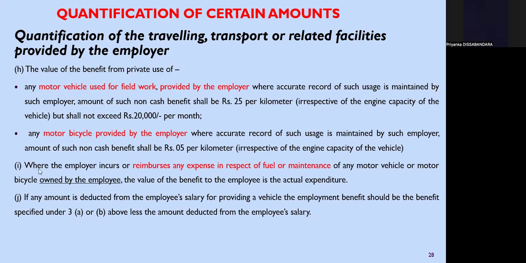And the next condition is condition I. The next condition is where the employer incurs or reimburses an expense in respect of fuel or maintenance. That means after incurring the expenditure, the employee can submit invoices to the employer for reimbursement.